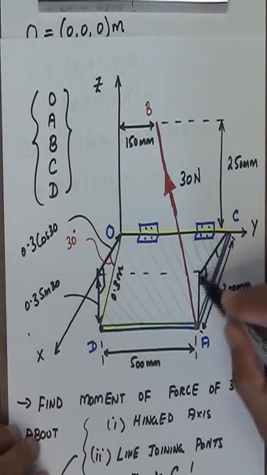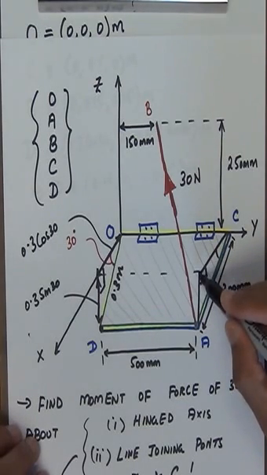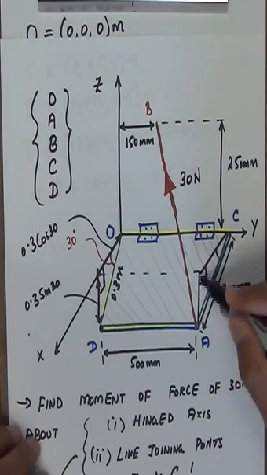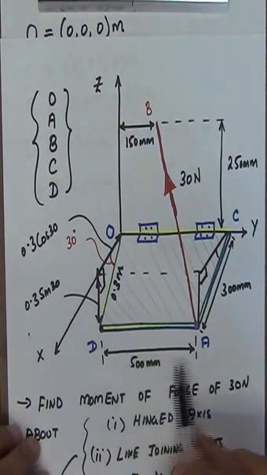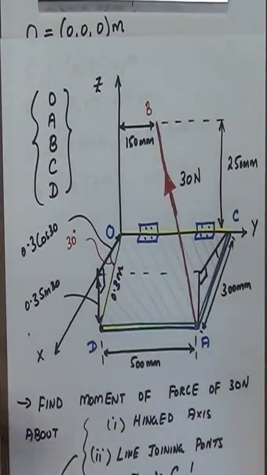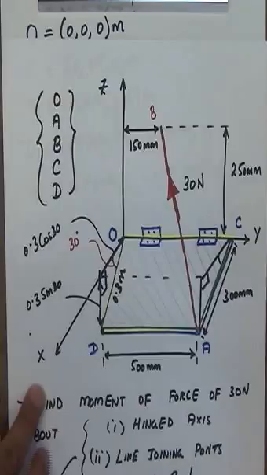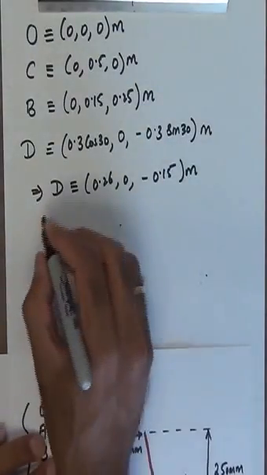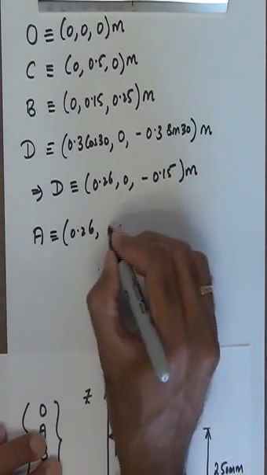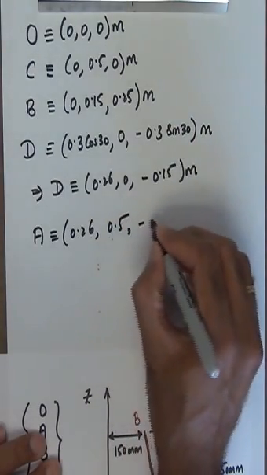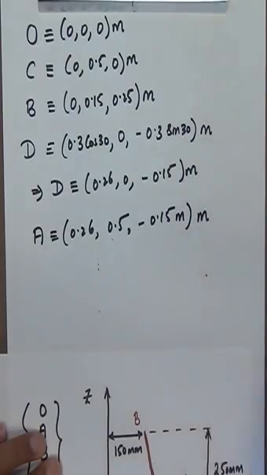So along the x axis is going to be 0.3 times cosine 30, along the z axis it's going to be negative 0.3 sine 30, and then I'm going to have something along the y-axis which is positive 0.5 meters or 500 millimeters for the point A. Alright, so for the point A, we have the following. Coordinates of point A will be 0.26, and then 0.5, and then minus 0.15 meters.